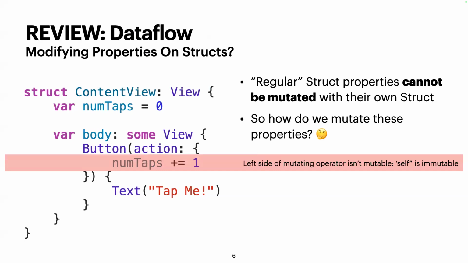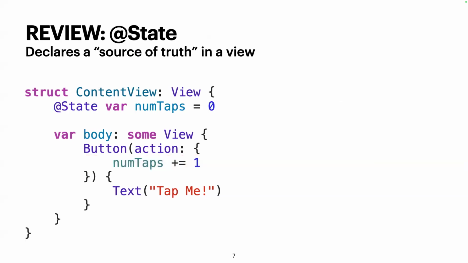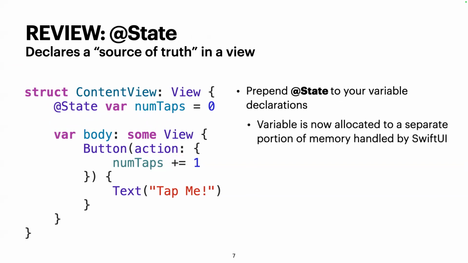So how do we mutate these properties? To circumvent this, we simply add an @State property wrapper onto this property. What this does is delegate the storage or handling of numTaps to SwiftUI. So SwiftUI is going to handle numTaps for us. The variable is now allocated to a separate portion of memory handled by SwiftUI.